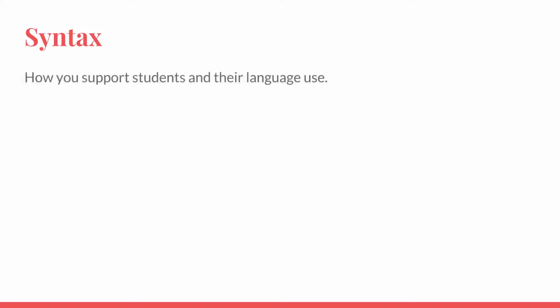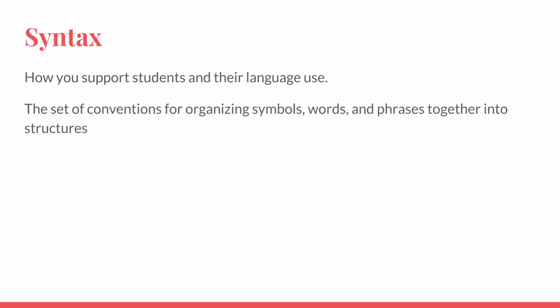Syntax is basically how you support students and their learning use. The formal definition of syntax is a set of conventional organization symbols, words, or phrases together into structures. That can be done in math as formulas, charts, outlines, and Venn diagrams.